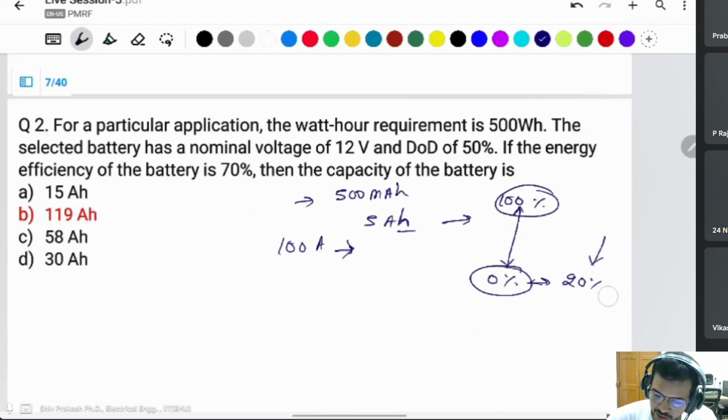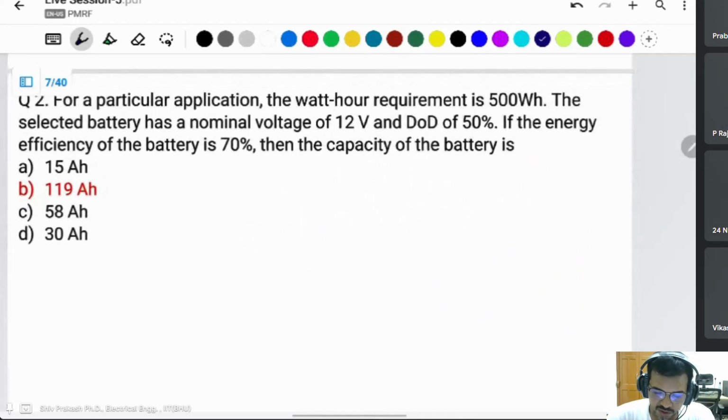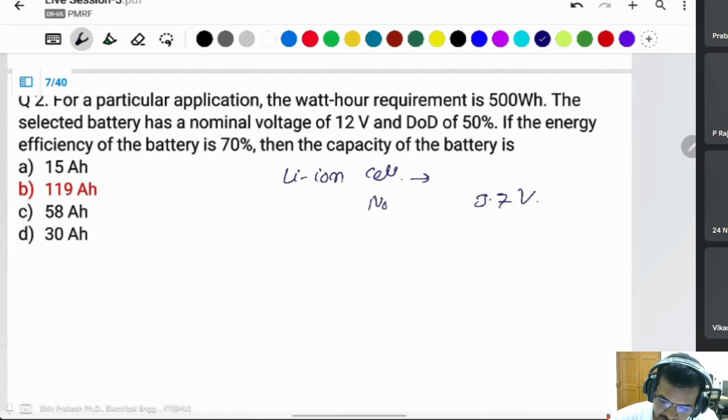If you want to know about electric vehicle batteries, the cell is a lithium ion cell. A lithium ion cell has a nominal voltage of 3.7 volt.